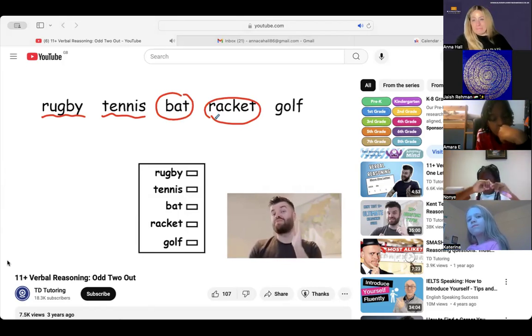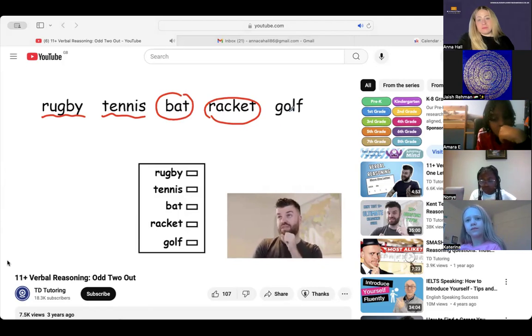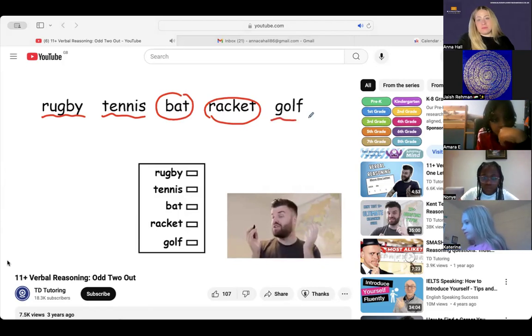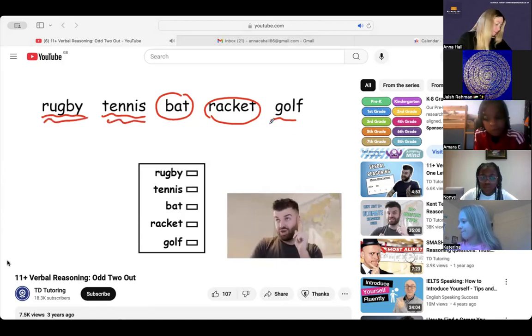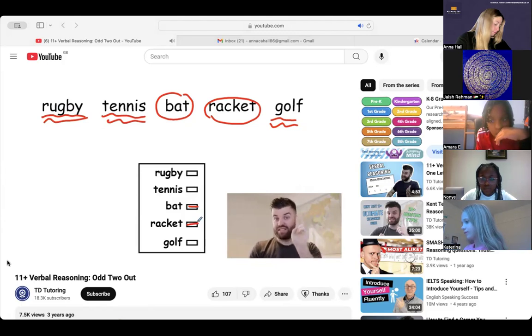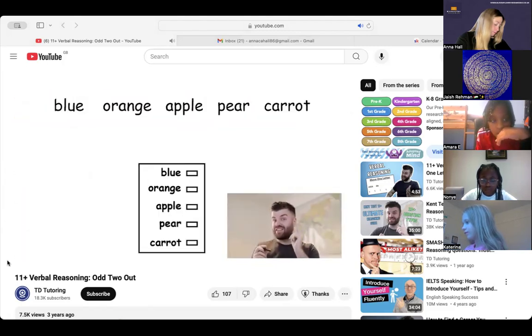So the last one's going to be vital in solving this question, and it is golf. And hopefully you can tell straight away that golf is a type of sport, and therefore rugby, tennis, and golf do go together. There are 3 that are grouped, leaving the answers, which are bat and racket, as the 2 odd ones out. Let's have a look at another example.